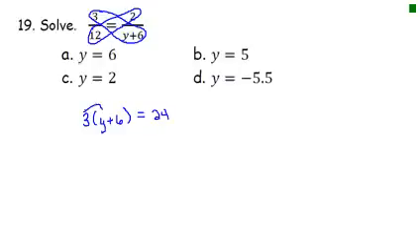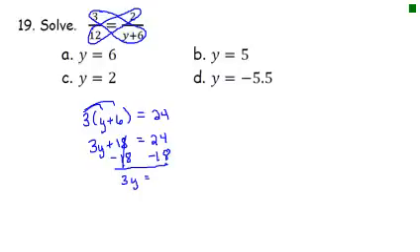So now we distribute here. That gives us 3y plus 18 equals 24. Subtract 18 on both sides. So we get 3y equals 6. Divide by 3. And y equals 2. So our answer for 19 is C.